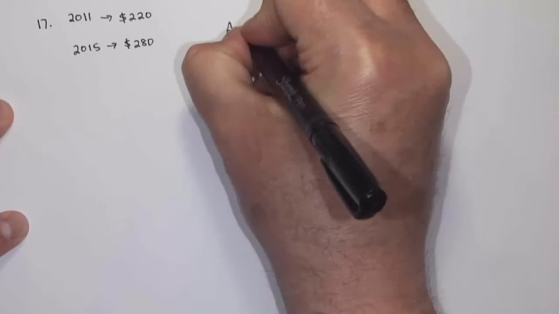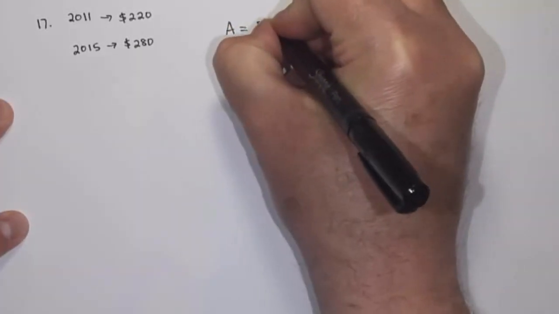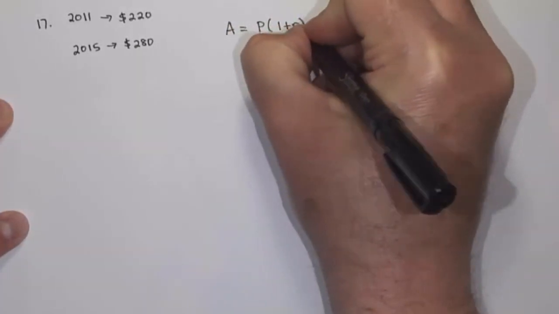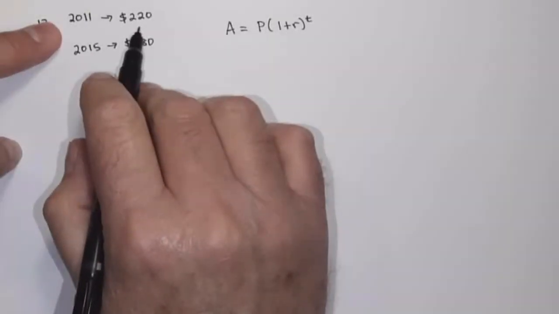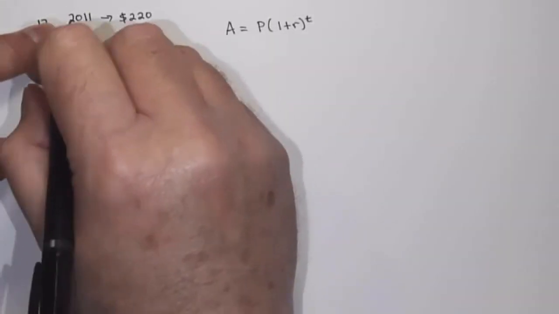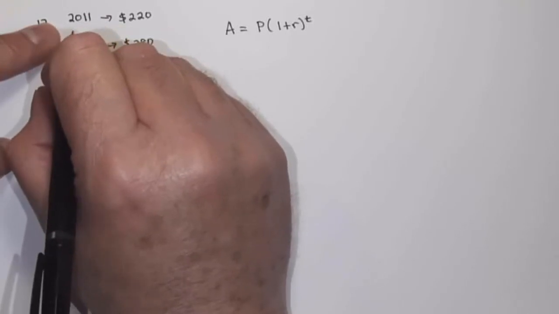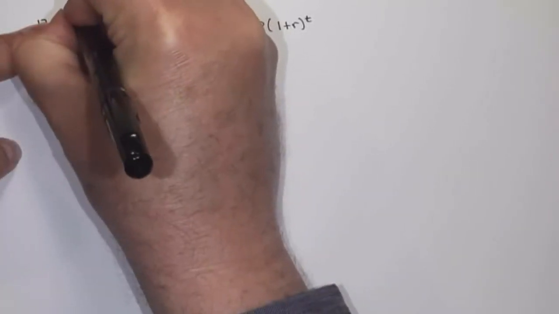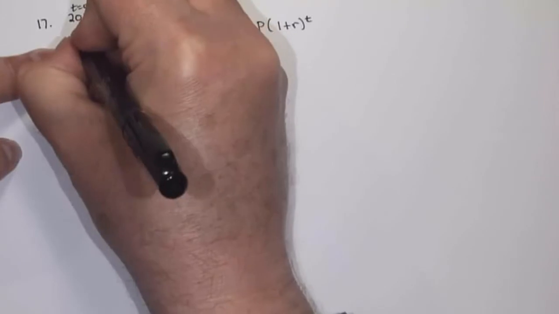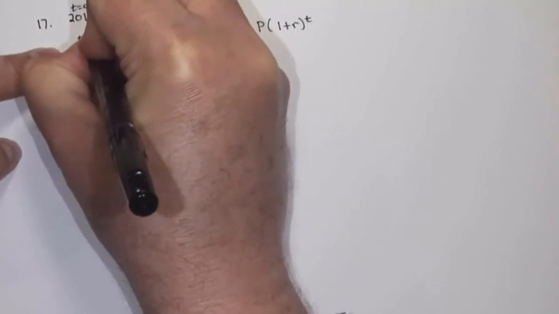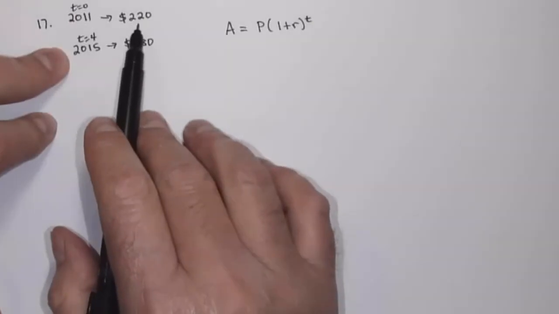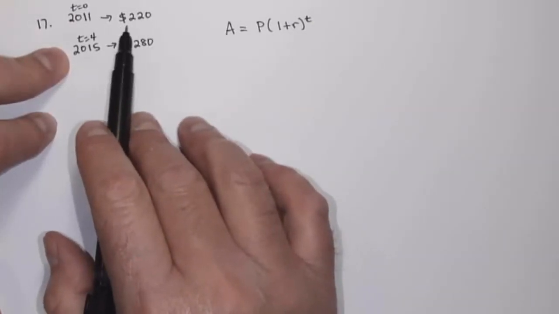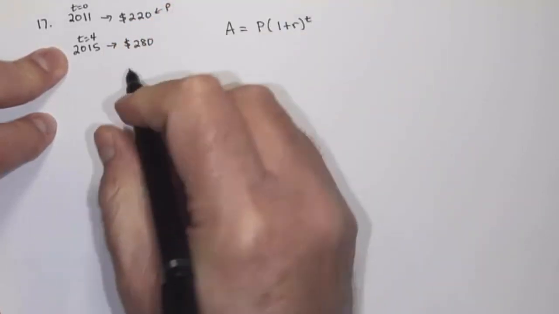Well, our exponential growth model is that A equals P times 1 plus R raised to the T power. Okay? Now here's how this is going to work. So if in the year 2011, if we call that year 0, then the year 2015 would be year 4. Okay? We know that 220 is the initial amount, so that's going to be the P.